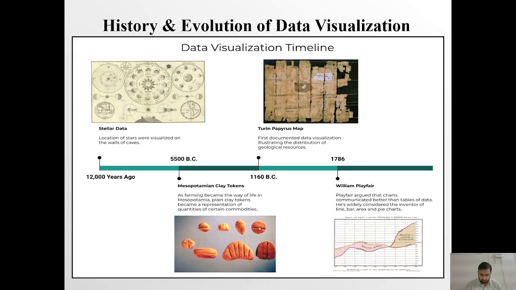1160 BC, terrain map. Here we have the first documented map drawn on papyrus to show geological resources. Imagine early Egyptians marking mining areas. This was visualization used for practical decision making. 1786, William Playfair. Now we move to a big leap forward.